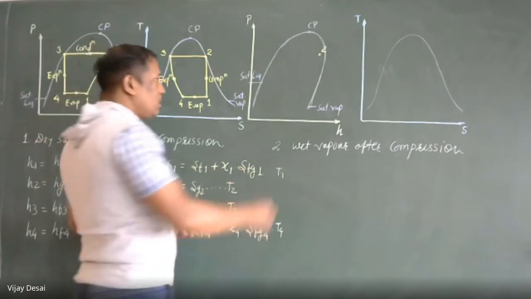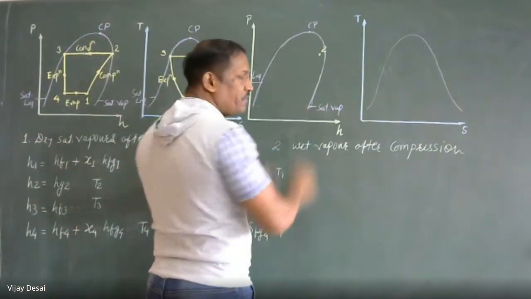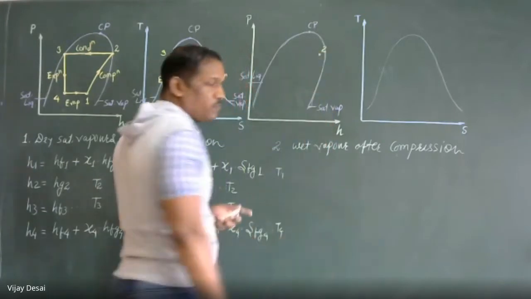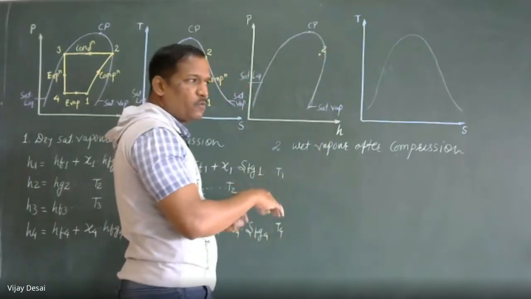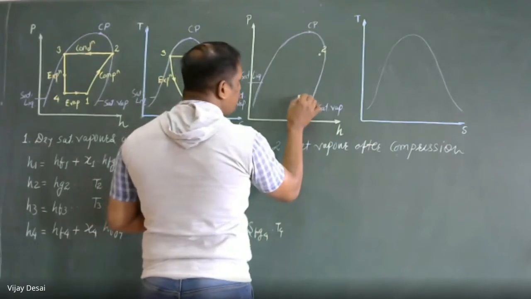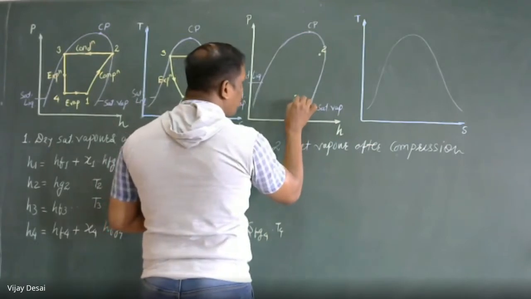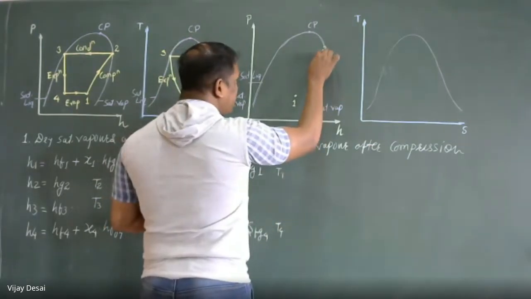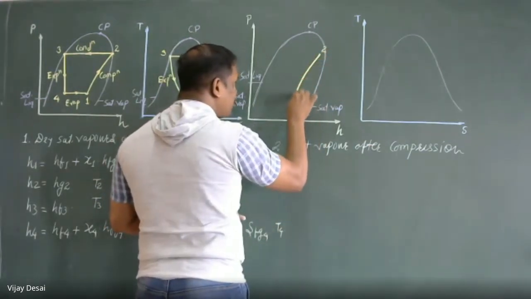No doubt before compression it will lie in the wet zone, but after compression its dryness is improved because it becomes a little bit more dry. So our point 1 will be in a more wet condition, and this is adiabatic compression, which is shown by a curved line.